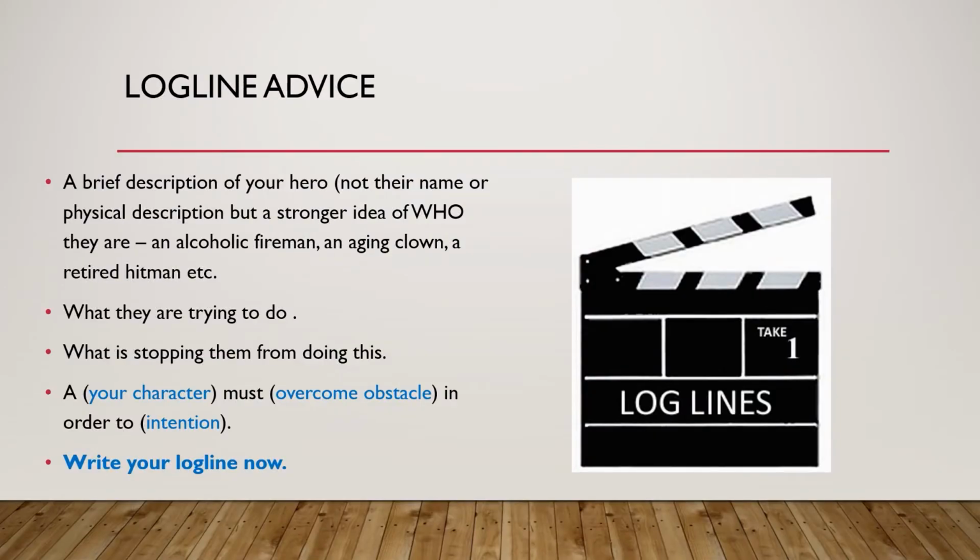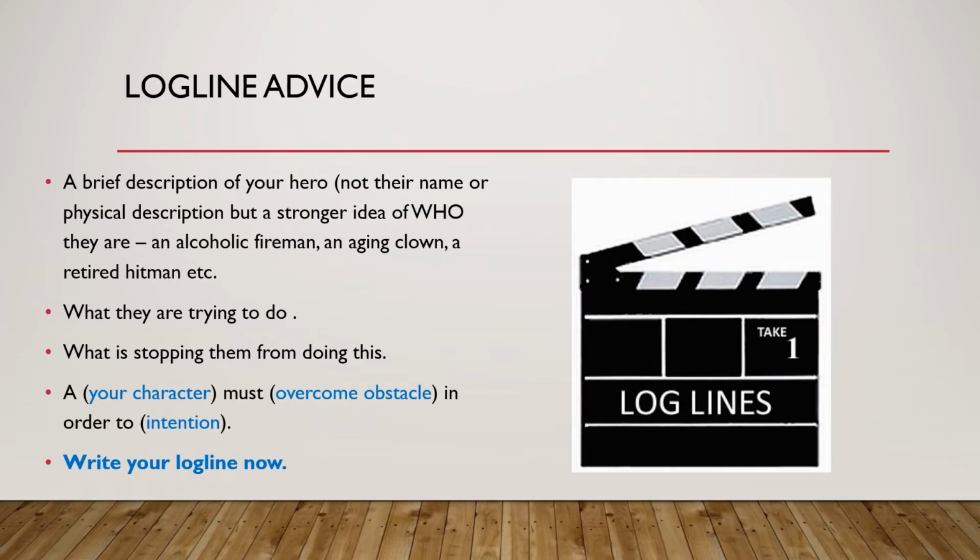So the next task, therefore, is to create a logline for your short film idea by using the following formula. First of all, say your character must overcome what obstacle it is in order to, and then give their intention.